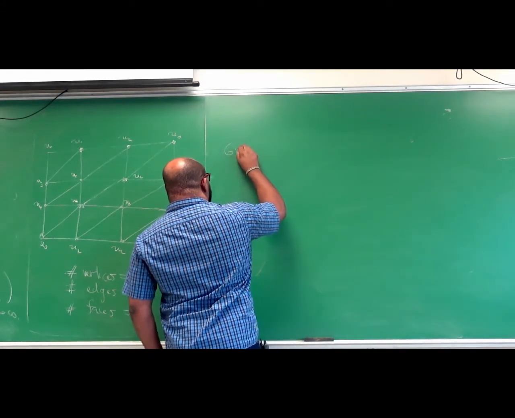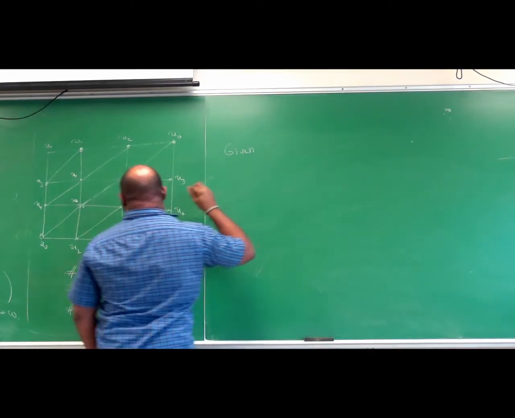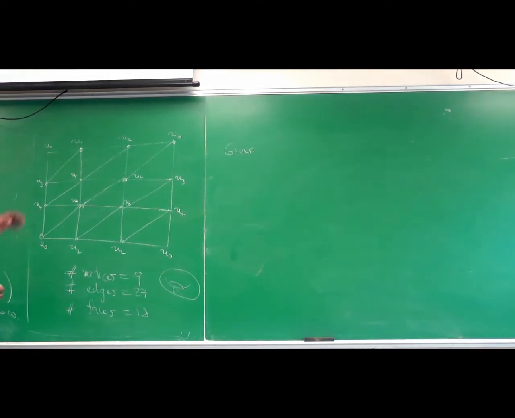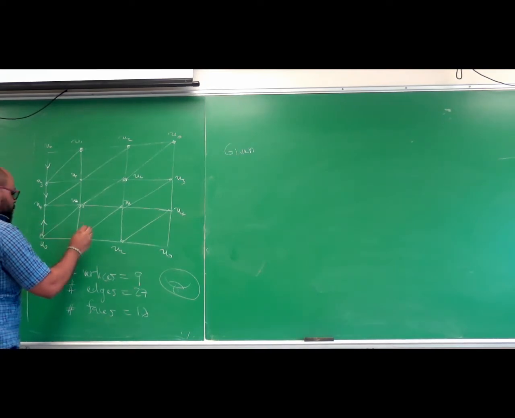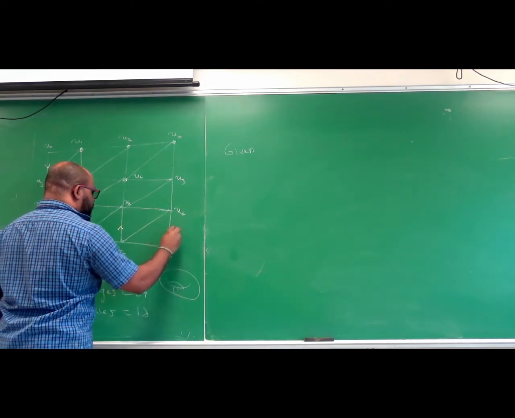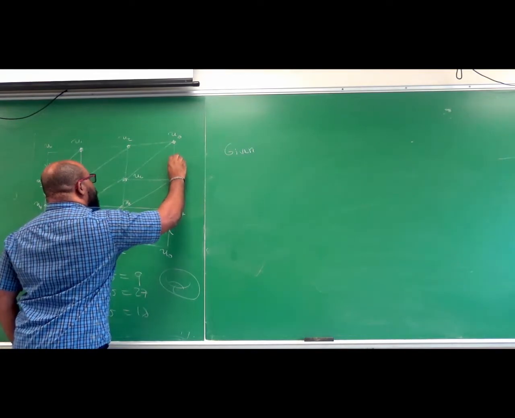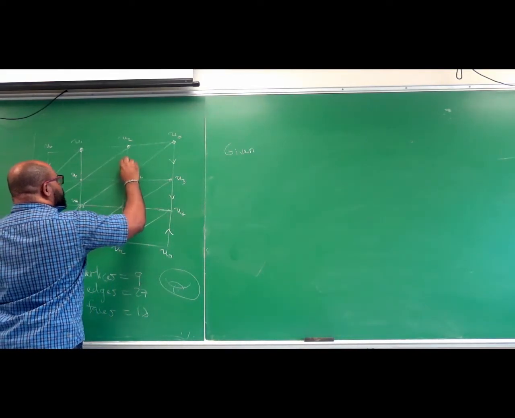Given a cycle, first of all, let's orient the edges according to the typical order that we use. So 4 like that, 2 to 6.